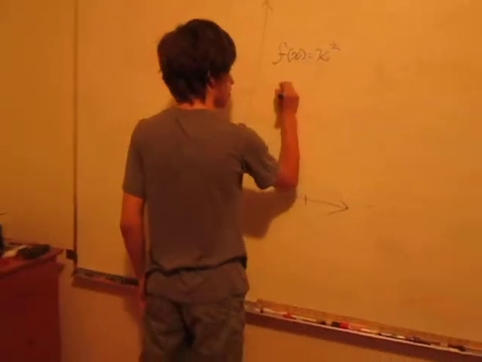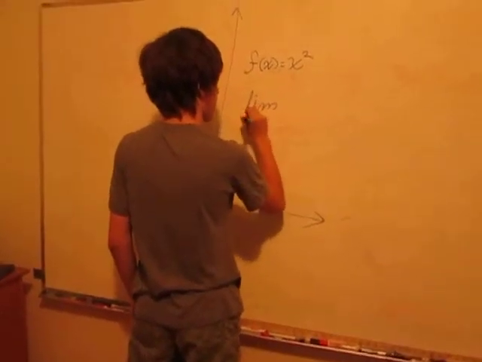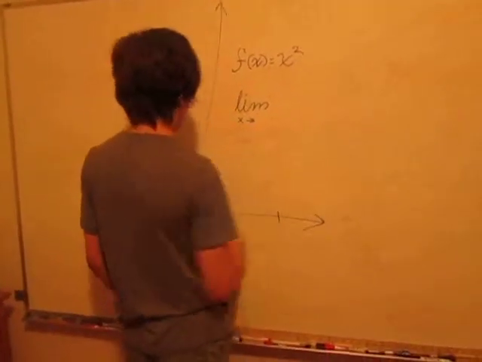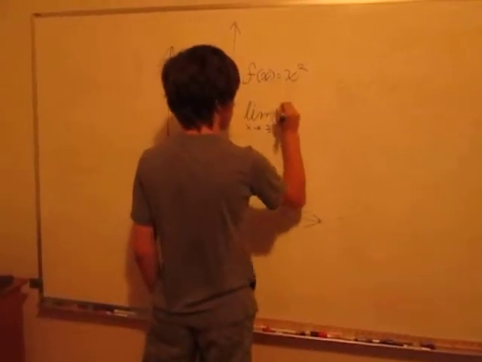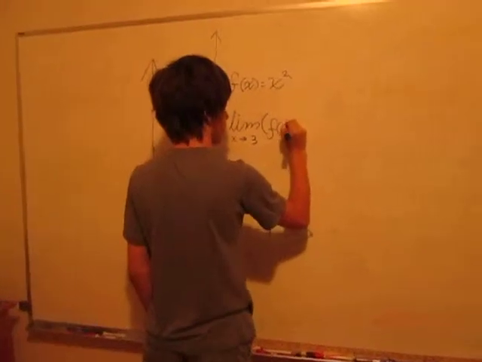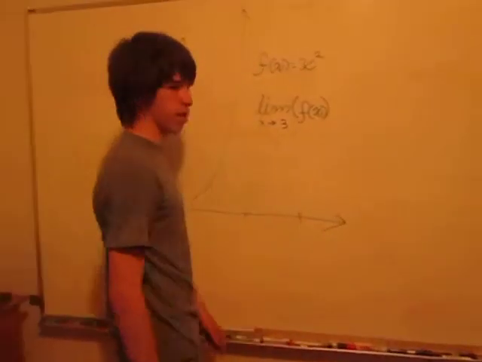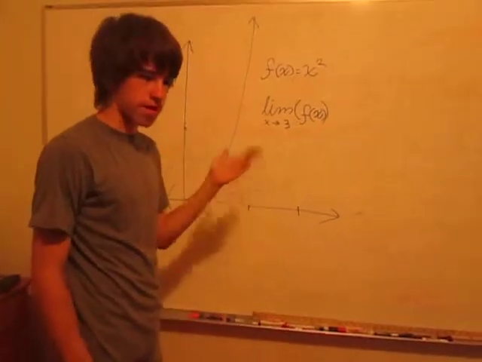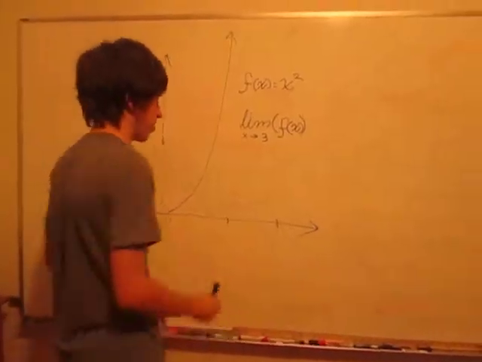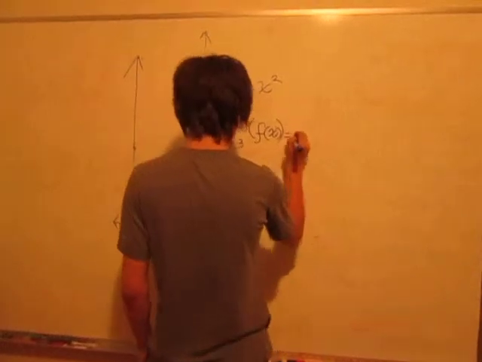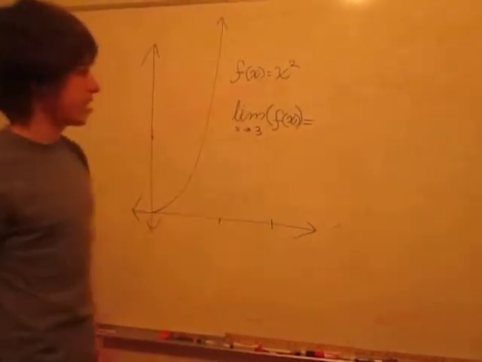The limit as x goes to, let's choose a value, how about 3? Just to show that it can be applied to continuous functions as well. It's kind of just another way of doing simple algebra, but with notation for exactly what you're doing. And that is equal to, if we plug it into the function, 9.